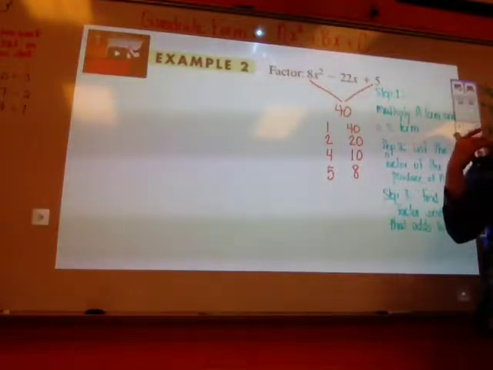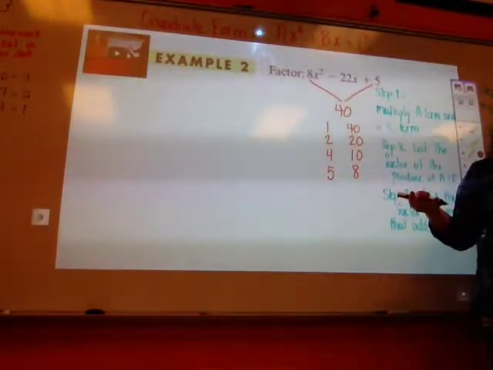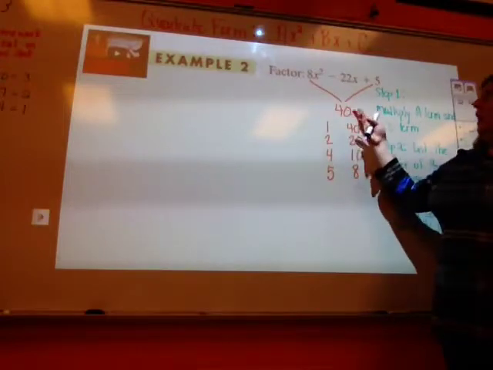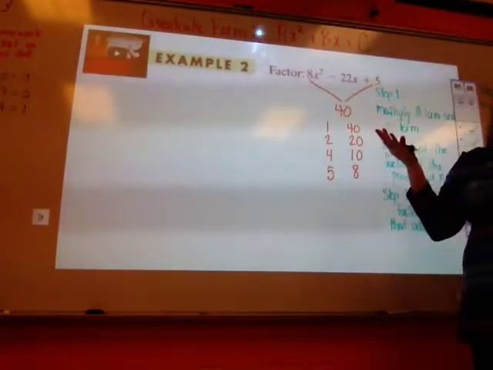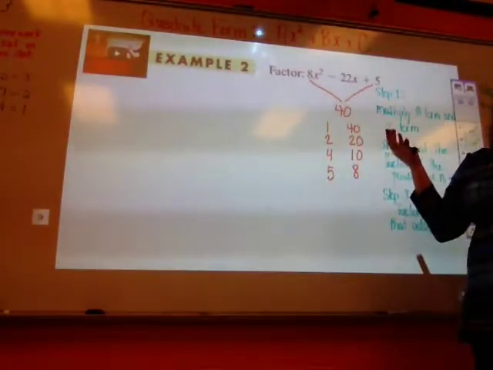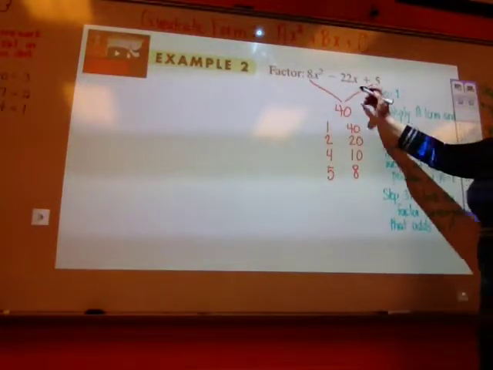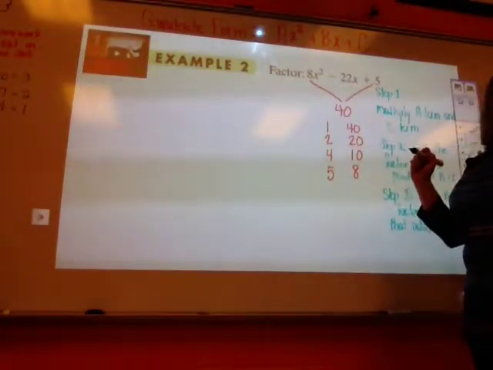So, what can I do to get... Make the 10 and 20 negative. Okay, they're each going to have to be negative. Does that make sense?